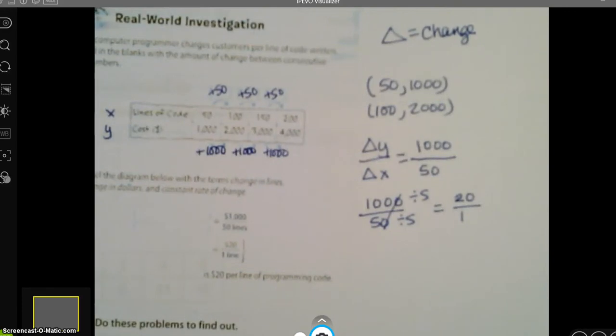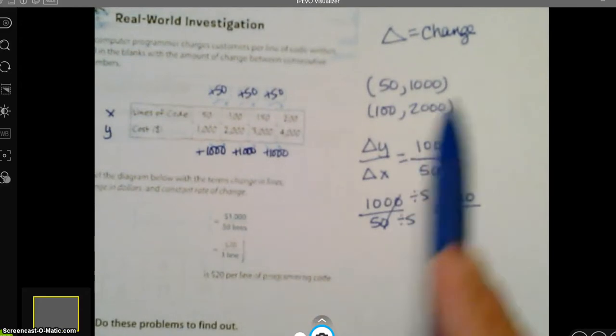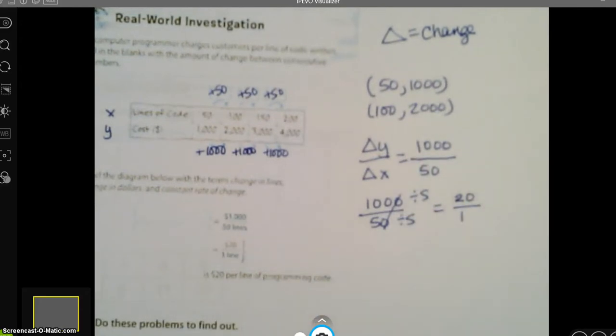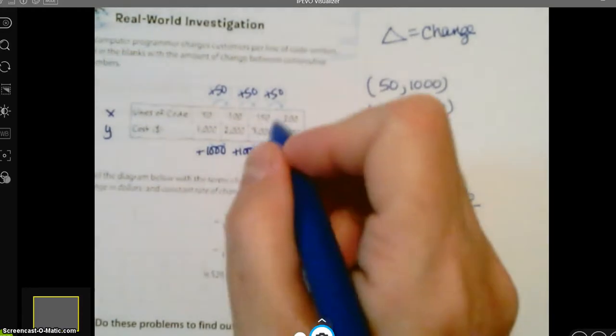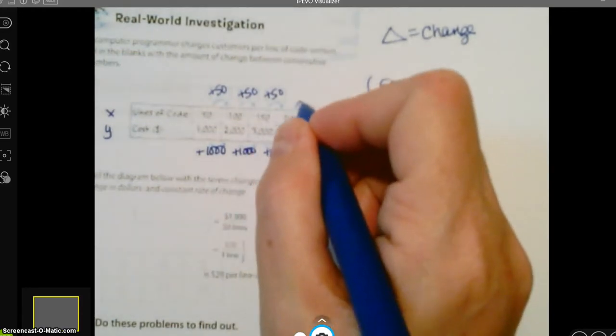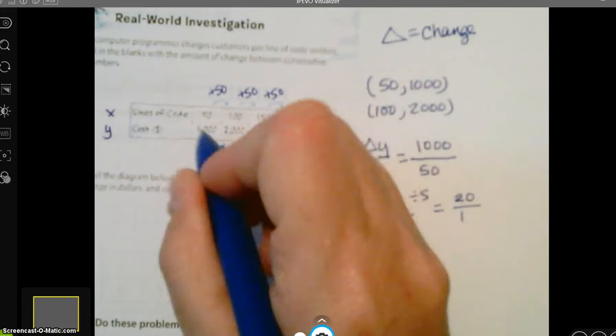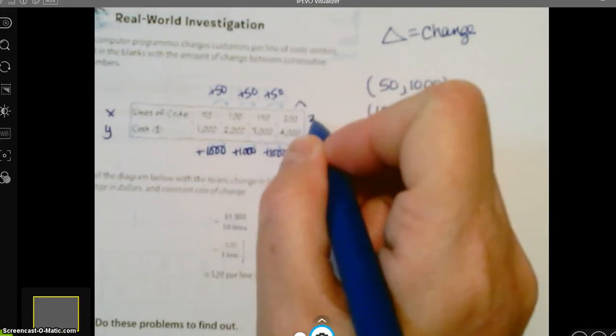Okay? So, when you come down here, notice that's what it's showing you. I was just trying to make it where you could see it. So, we're finding the constant rate of change. So, if I wanted, I could use this to help me go further. I could figure out, if I wanted to, for 250, right?